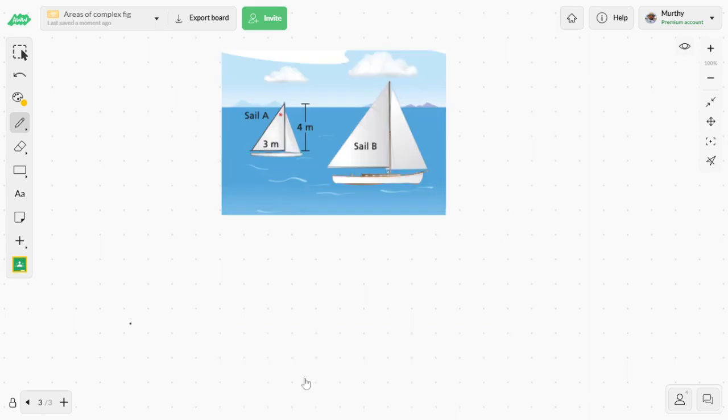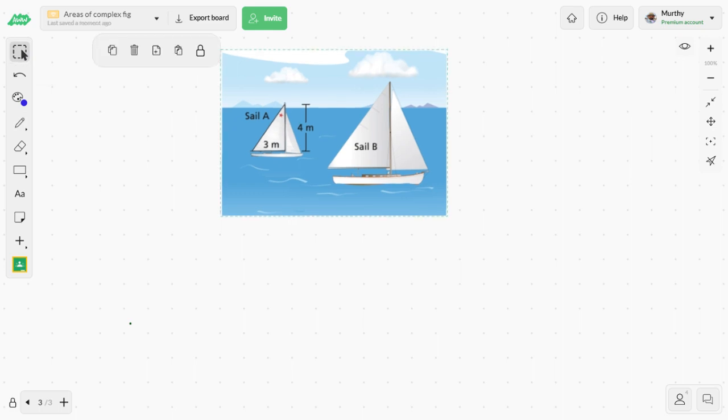You may get a doubt that really, where are we going to use the knowledge of finding the area of rectangle, square, triangle? You see that the sails, there are two boats here. You see that these sails are in the shape of a triangle. So here we have to use the formulas to find the areas.